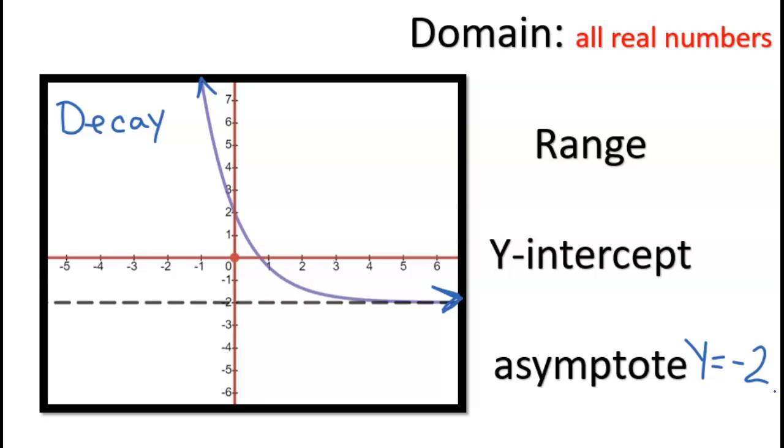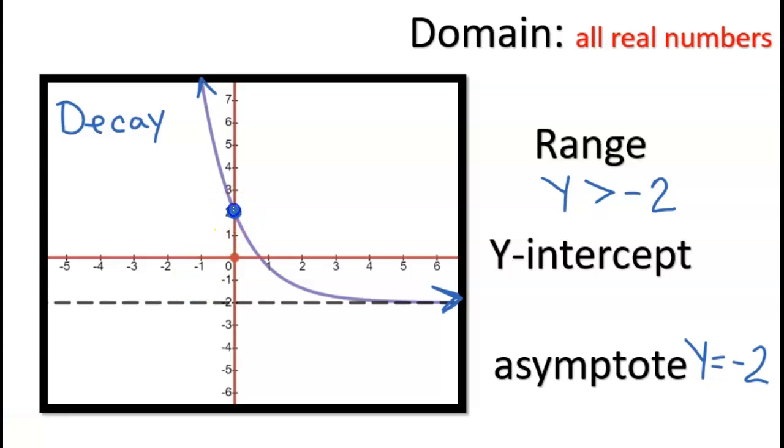All of this purple line is above the asymptote. So y is greater than -2 is the range. All of this exponential is above the asymptote.